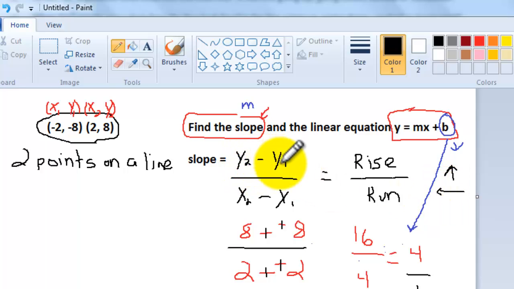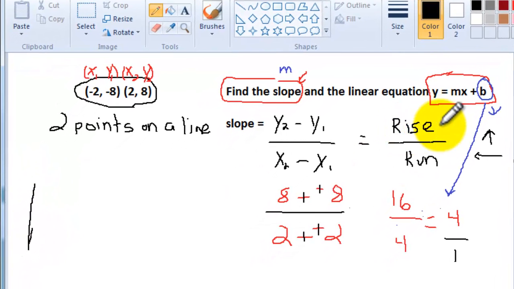The y's are in the numerator of the fraction because y is the up and down or vertical axis. So rise is on top. The x is on the bottom because the run is the horizontal direction, and that is in the denominator. Alright, that's a way to remember that it's y2 minus y1 in the numerator of this division, and x2 minus x1 is in the denominator.